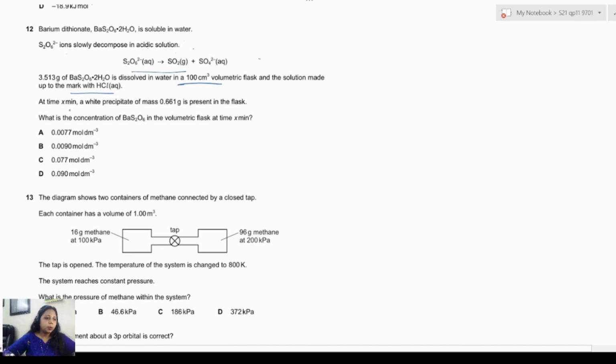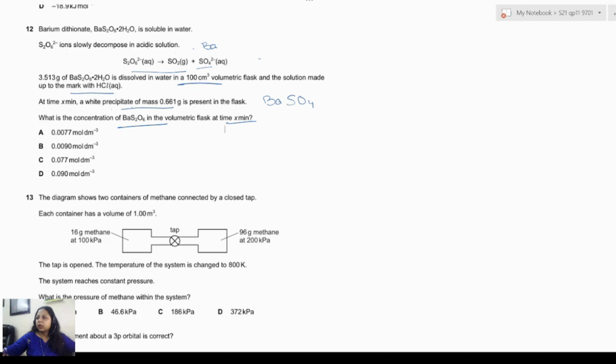At time x minute, a white precipitate of mass is produced. So if sulfate ions are produced, then that definitely would be barium sulfate. So we are writing here barium sulfate. What is the concentration of this one in a volumetric flask at time s? Means when your barium sulfate has a mass of 0.661 gram in a solution, what is the calculation?